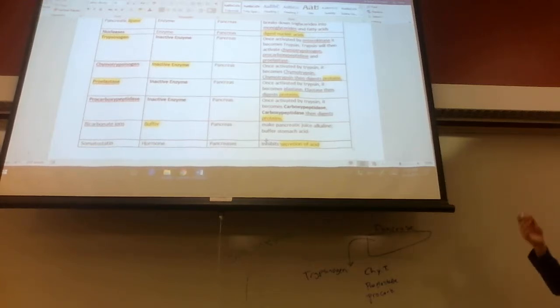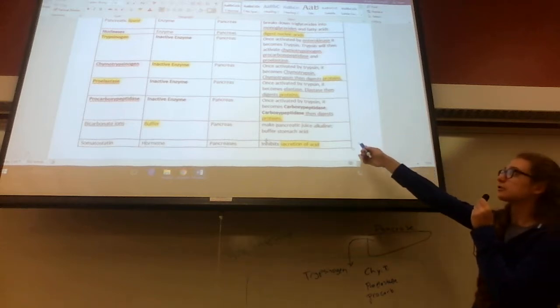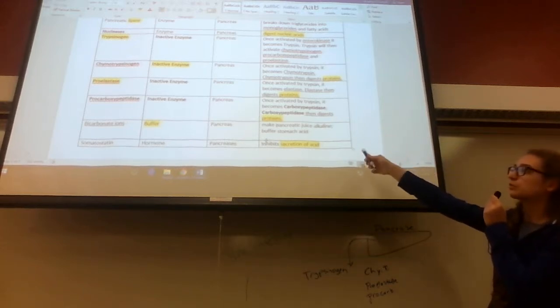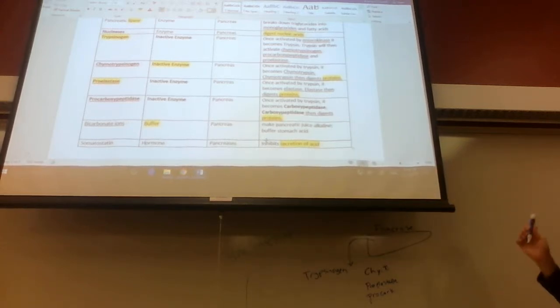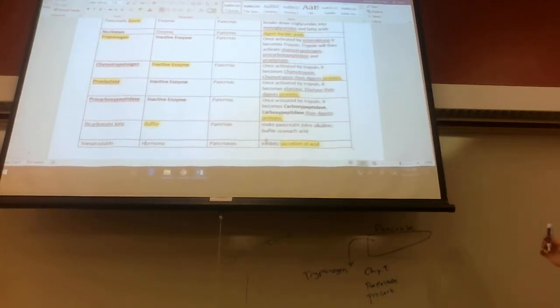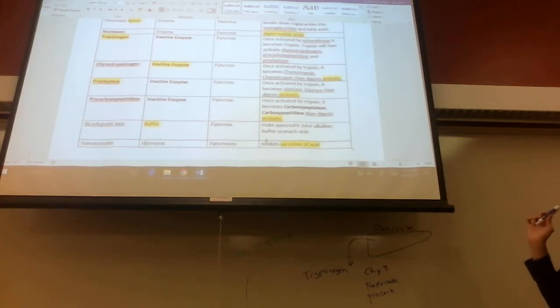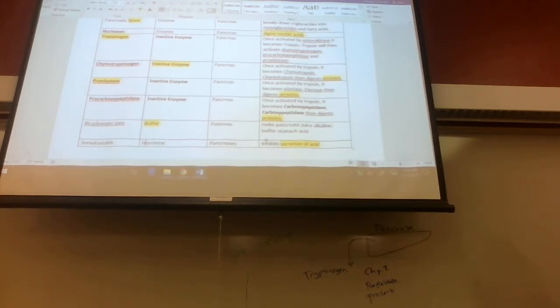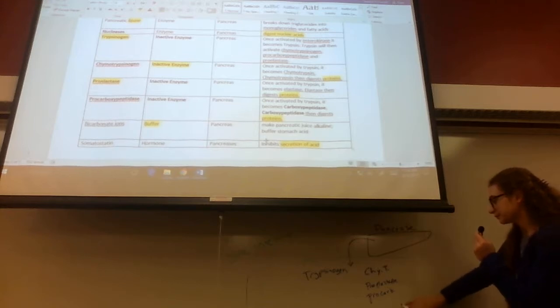Chymotrypsin then digests proteins. Once activated by trypsin, proelastase becomes elastase. Elastase then digests proteins. Procarboxypeptidase, once activated by trypsin, becomes carboxypeptidase, which then digests proteins. So these will all digest proteins at some point in time.